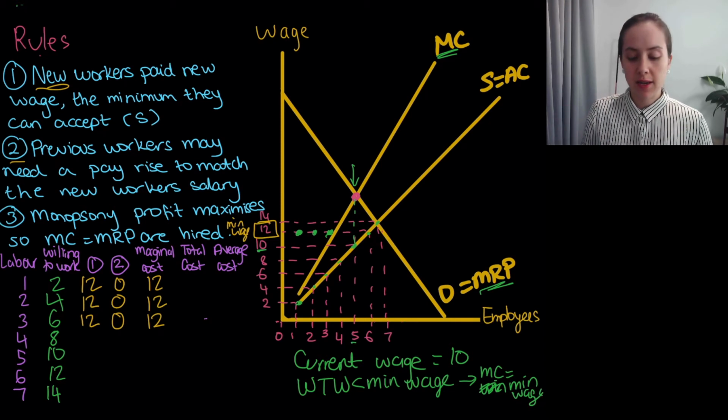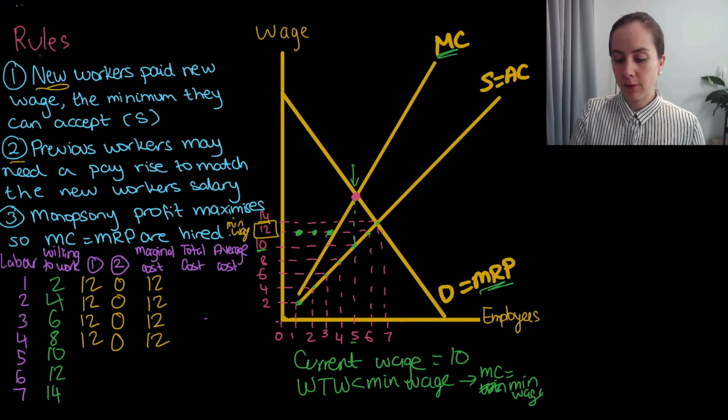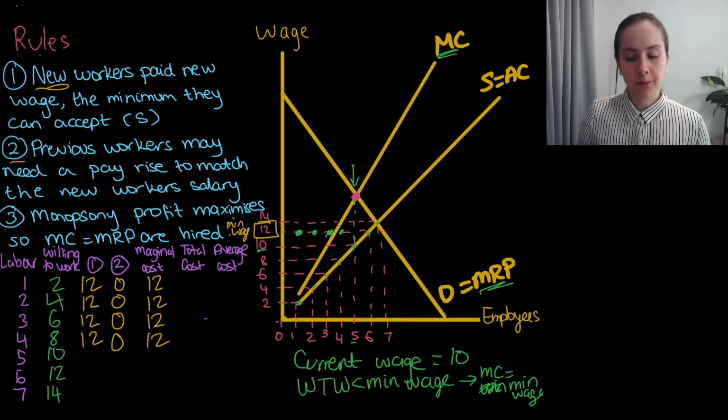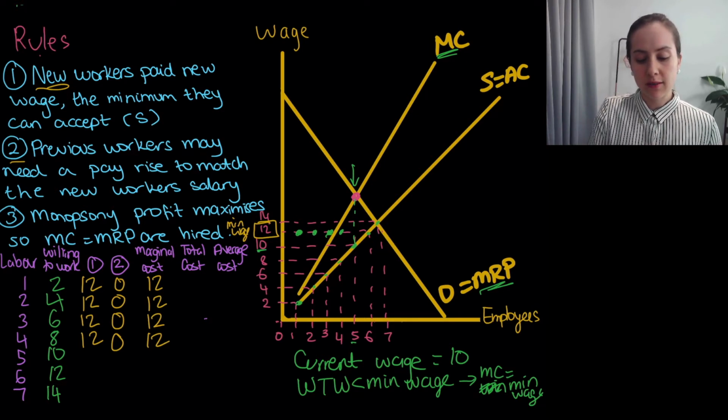So let's check this again. The fourth worker, yes, they were willing to work at 8, but now they have to work at 12. So the monopsony, to hire them, has to pay 12. No pay rises are required because everybody so far is working at 12. And so the marginal cost is 12. So here we are up to the 4th employee, and the 4th employee is still working at 12. Even the 5th worker was, again, still willing to work at 10.